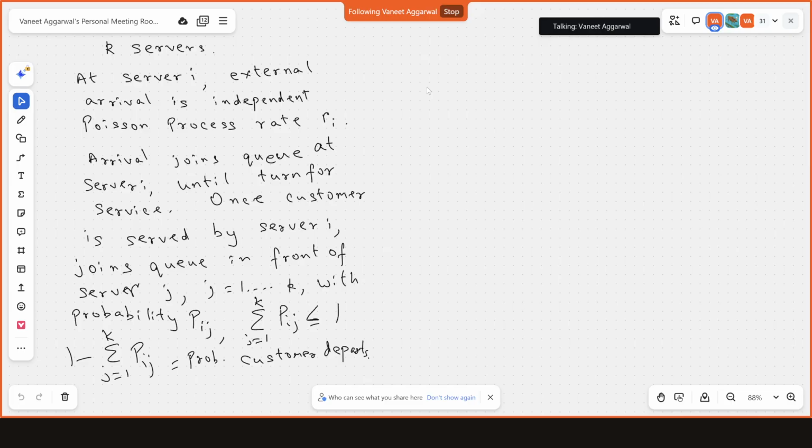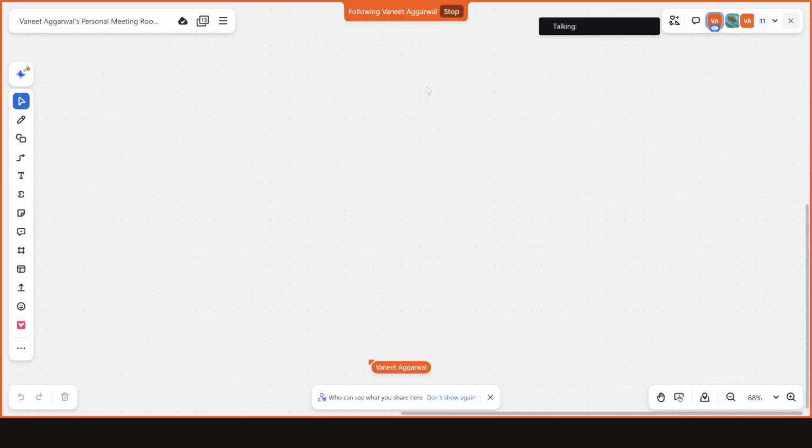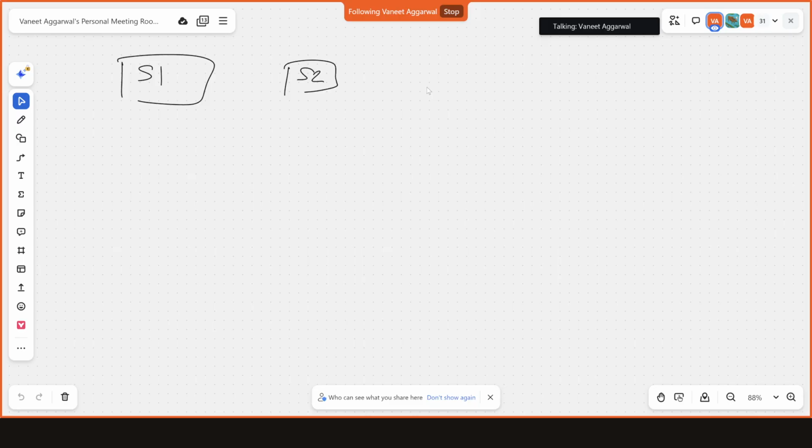Is this setup clear or do we need some examples to understand it? An example would be nice. Sure. So let us consider 3 servers: server 1, server 2, and server 3.